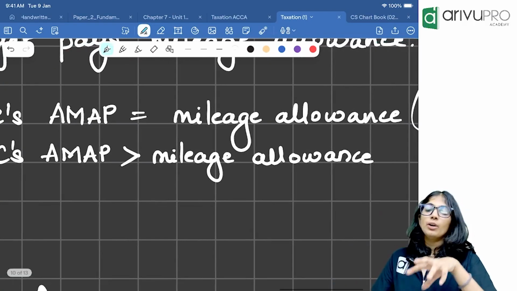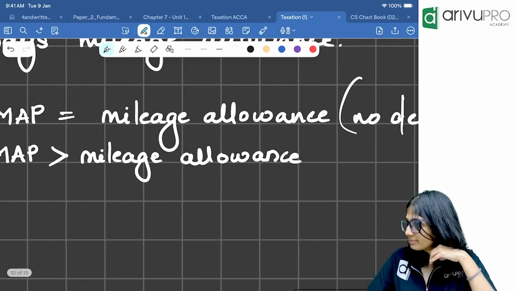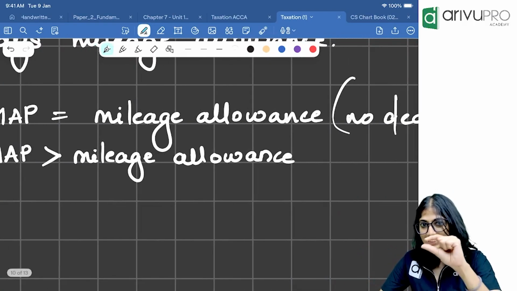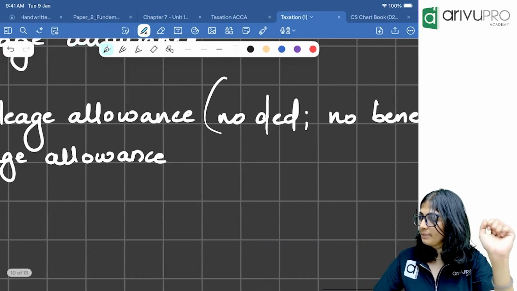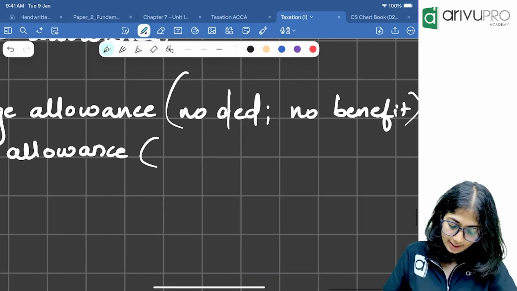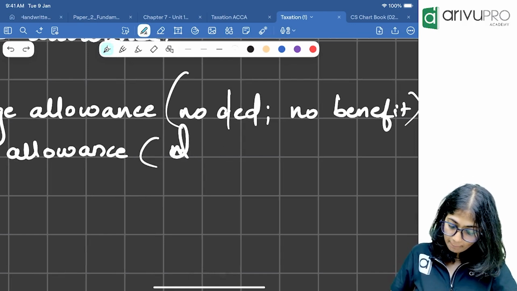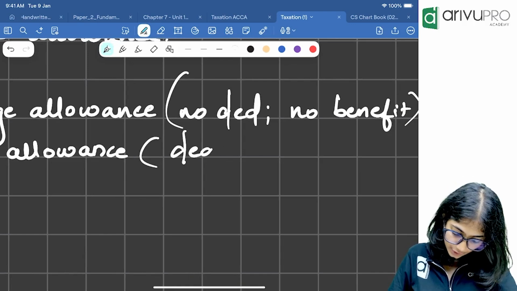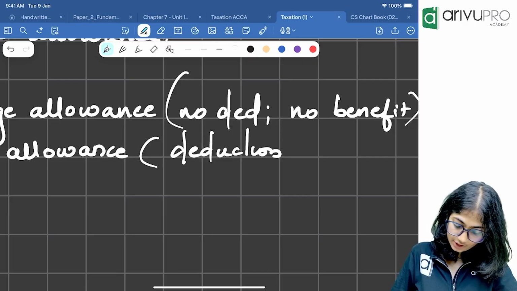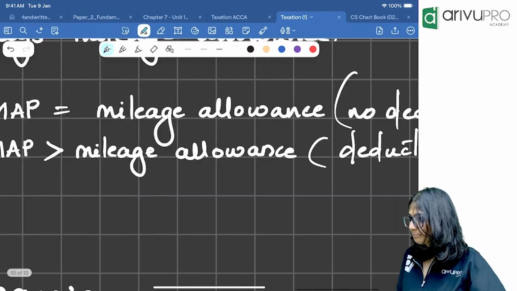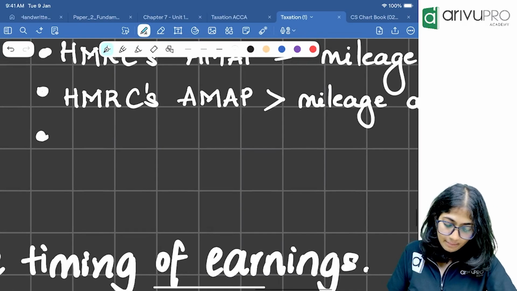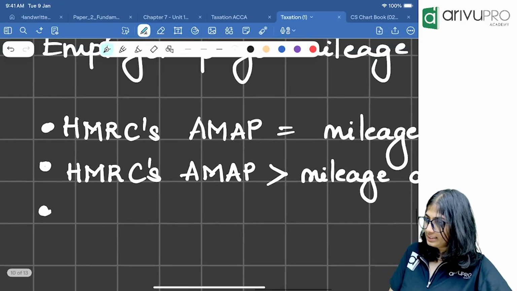Mileage allowance, they had only given you 900 pounds. Mileage allowance is lesser than your AMAP, correct? So it's going to be a net deduction. The 100 pounds, sorry. Let's say, I'll repeat it again for clarity's sake.